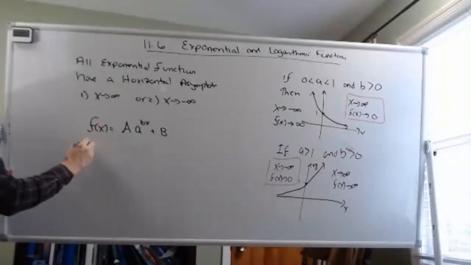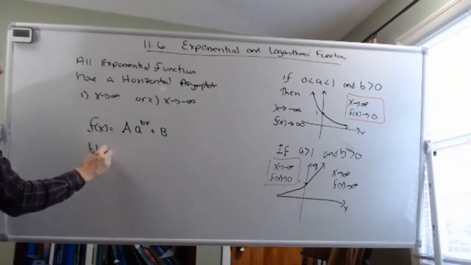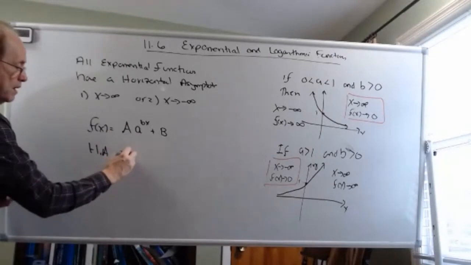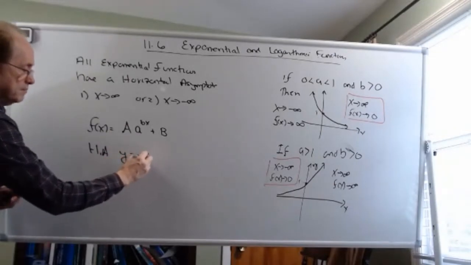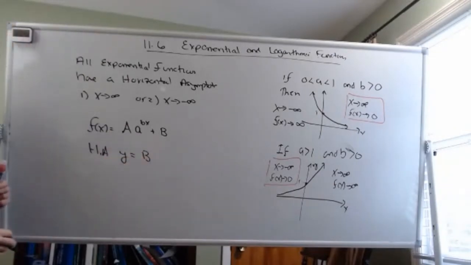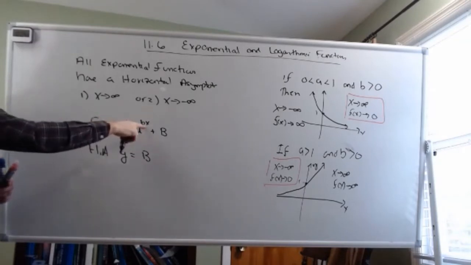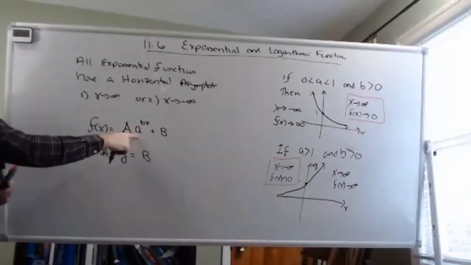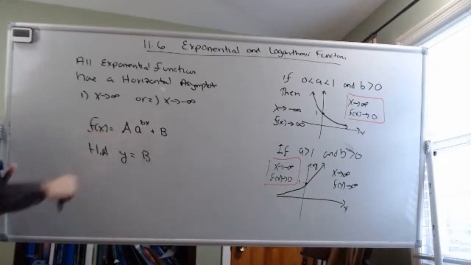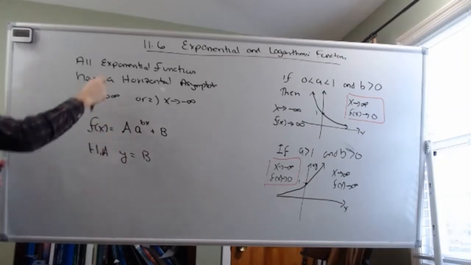So the horizontal asymptote, we call it HA, for all exponential functions of this sort is y equal to b. That'll always be the case. No matter what A or B are, if that's positive or negative, if that's between 0 and 1 or greater than 1, horizontal asymptotes are always that.